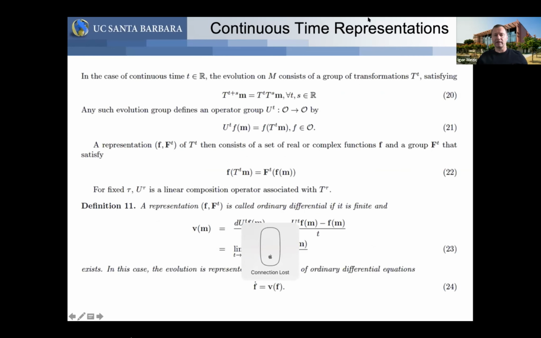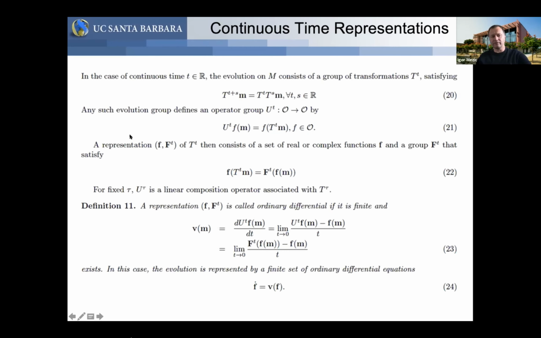We can do the same type of thing in continuous time, and in continuous time, the evolution consists of group transformations, T^t, satisfying the group property, and then any such evolution group has a Koopman operator.